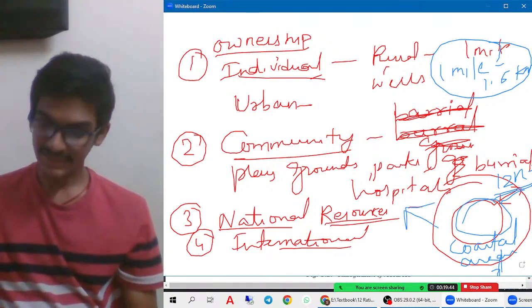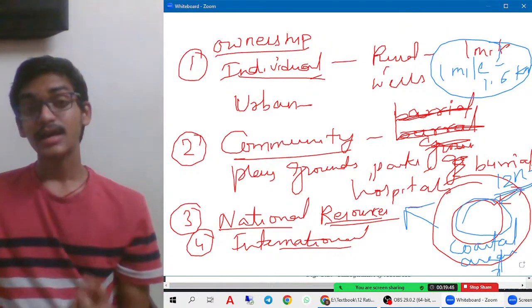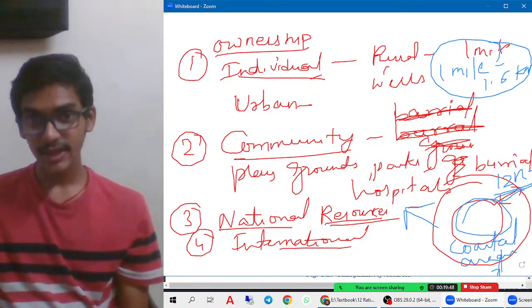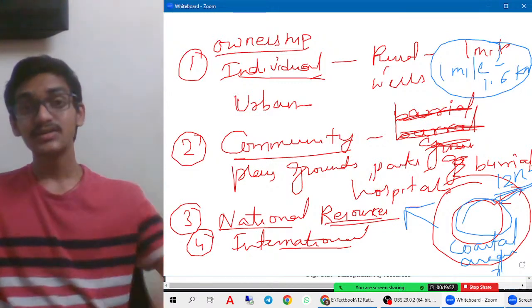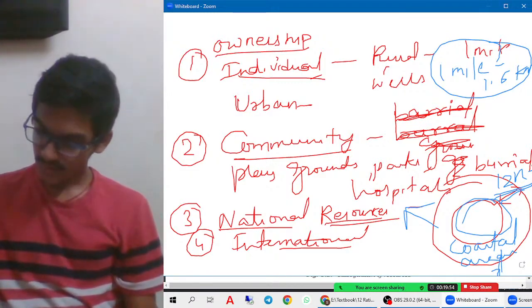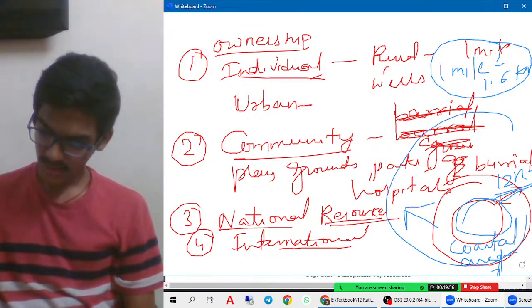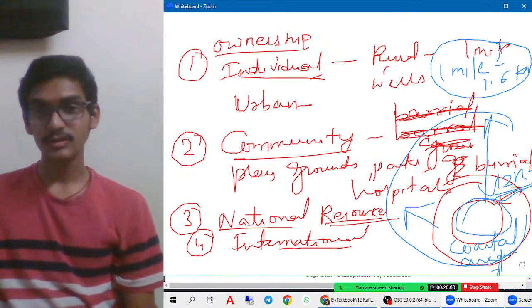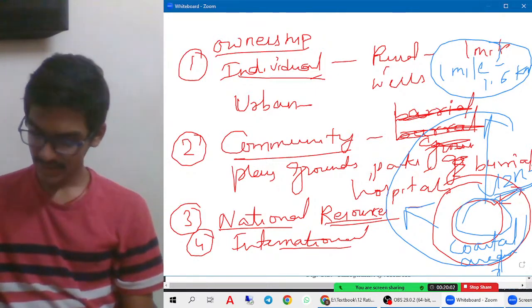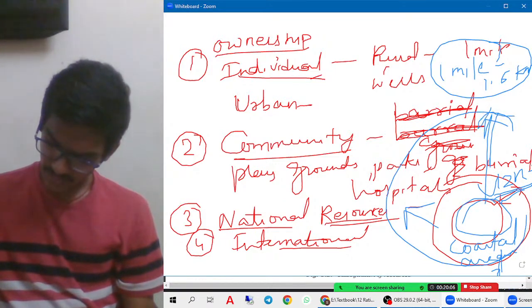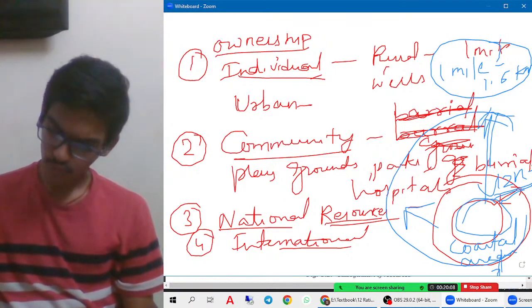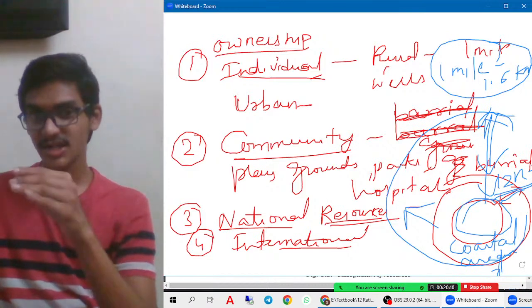Now let us try to understand the exclusive economic zone. It is more than 12 nautical miles, up to 200 nautical miles, from the respective country's coastline. If you see, this is 12 nautical miles, and this is the country's border from the coastline.